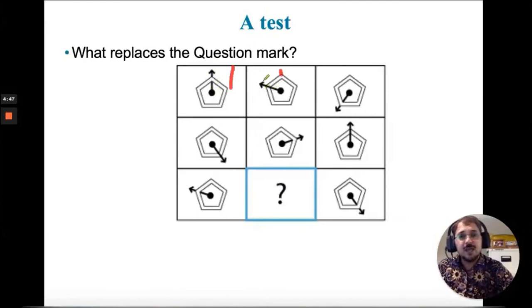This time it is anti-clockwise. So from here it went to this direction, and not only changed by 45 degrees, it comes over the pentagon. Previously it was under the pentagon.